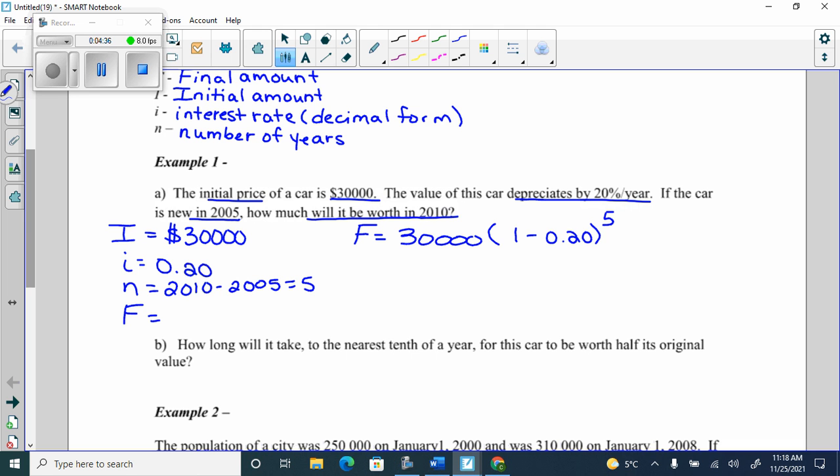Now, should my final be bigger than 30,000 or smaller? Smaller, because it's depreciating by 20% every year. I have 80% of the original every single year, correct? So it should be smaller. So this is technically 30,000, bracket 0.8 to the 5. Type it into your calculator.